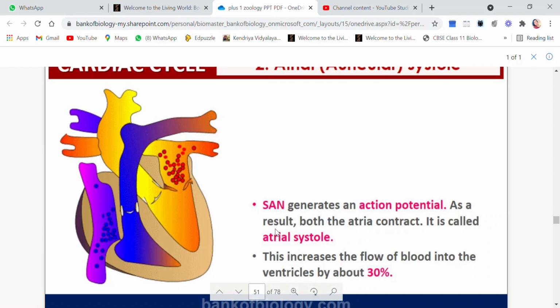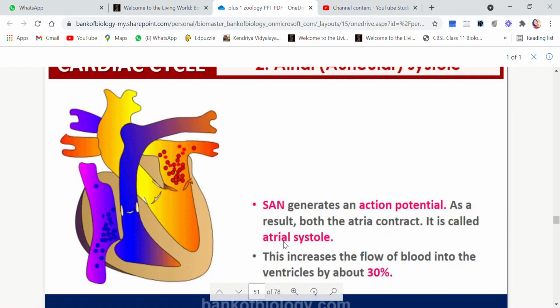As a result, both the auricles or atria will contract together, and it is called atrial systole. Because only the atria are contracting, we call it atrial systole, but both the atria will contract all together.